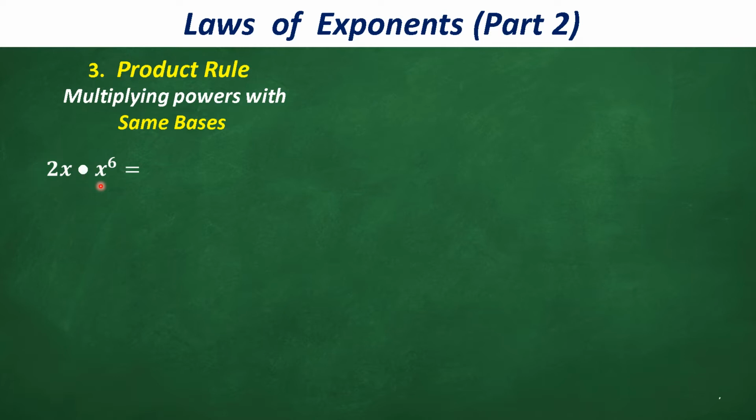Okay, so let us multiply first. So 2 multiplied by 1 is equal to 2. And then, we're going to copy the base na parehong meron sila, which is x. And then, we are going to add their exponents or their powers. So, 1 plus 6, and the exponent of x na to is positive 1. Hindi lamang din siya sinulat.